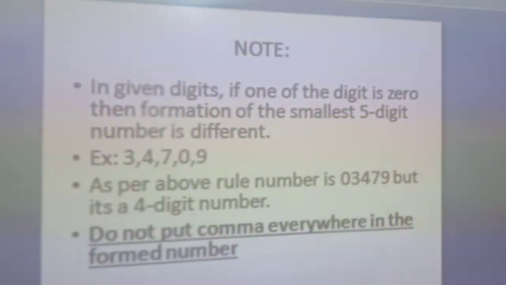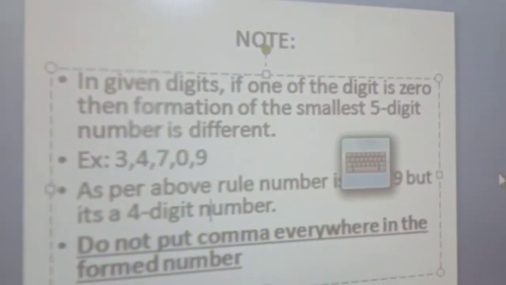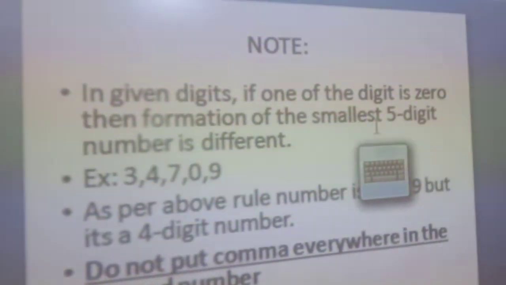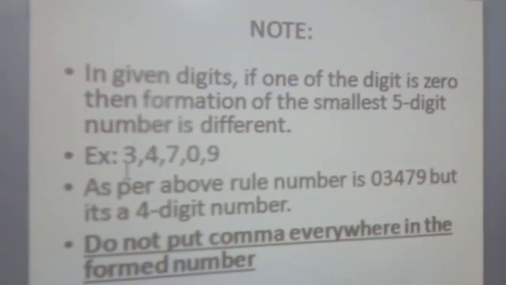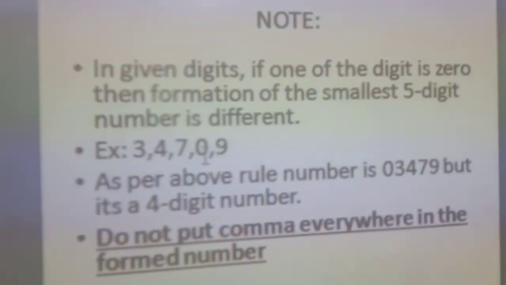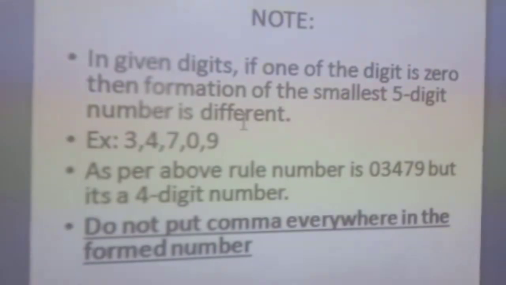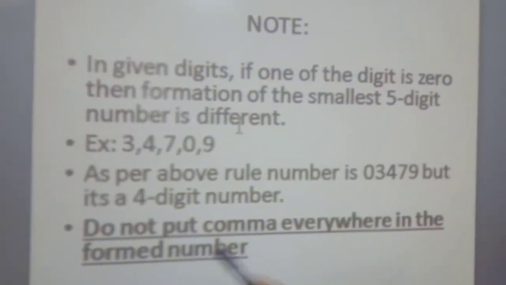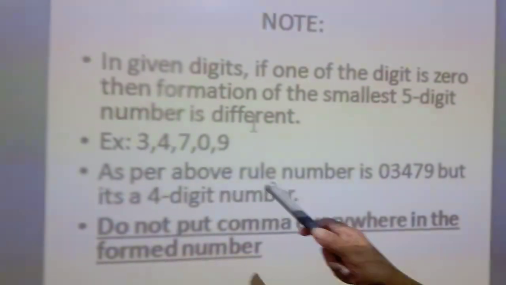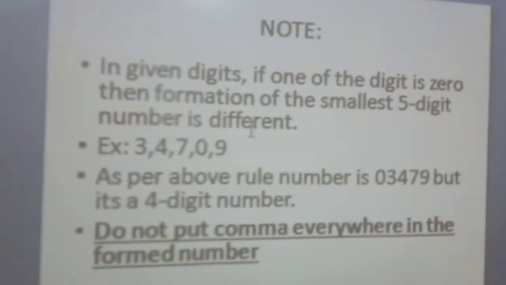In forming the smallest, we have one exception. That is, if 0 comes in the given digits, for example, the digits are 3, 4, 7, 0, 9. Now in the given digits, there is a 0. As per the rule, to form the smallest, we have to arrange these digits in ascending order.